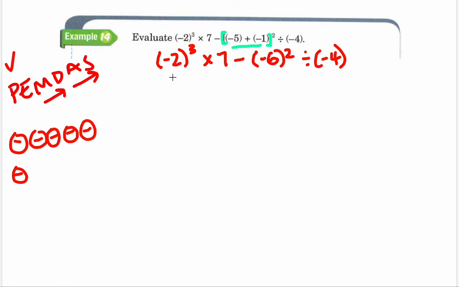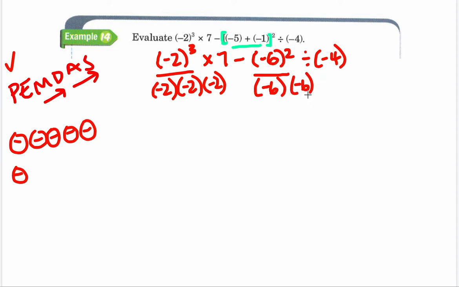Ooh, we got a couple of exponents we can deal with. Let's deal with all our exponents together on the same step. Okay, so this is -2 times -2 times -2, and this is -6 times -6.